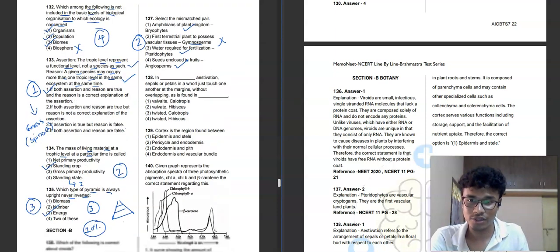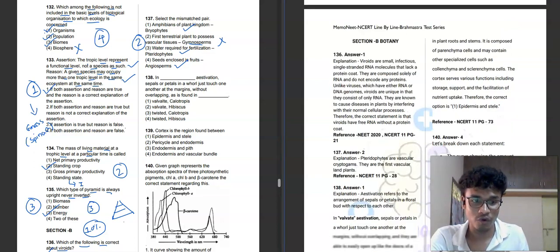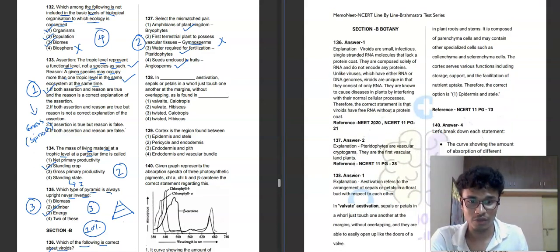Moving towards the next question, 138. In dash aestivation, sepals or petals in a whorl just touch one another at the margins without overlapping, as it is found in dash. Basically, aestivation refers to the arrangement of sepals or petals in a floral bud with respect to each other.